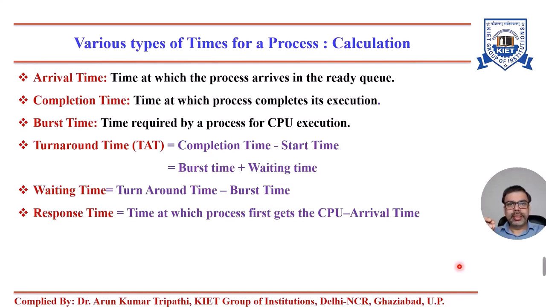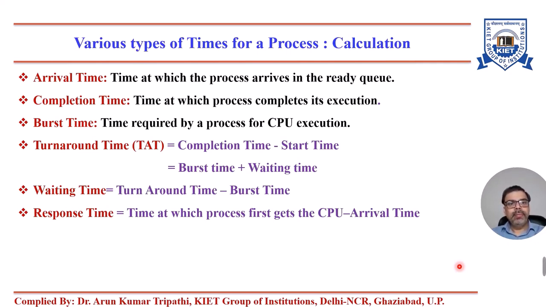Start time is also known as the arrival time. So when a process completes, subtract the arrival time. For example, a process completes at 10 seconds and it arrives after 2 seconds. So the turnaround time will be 8 seconds.